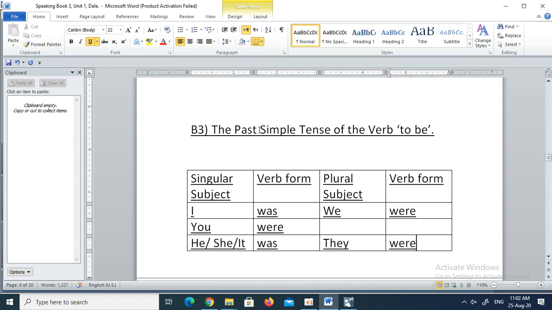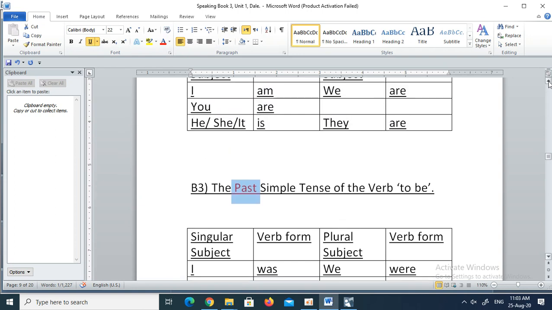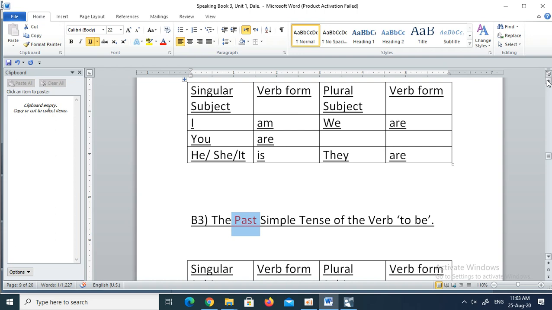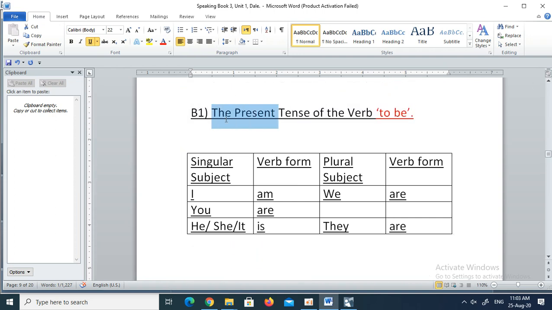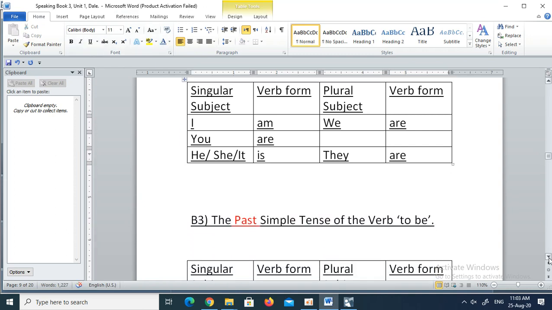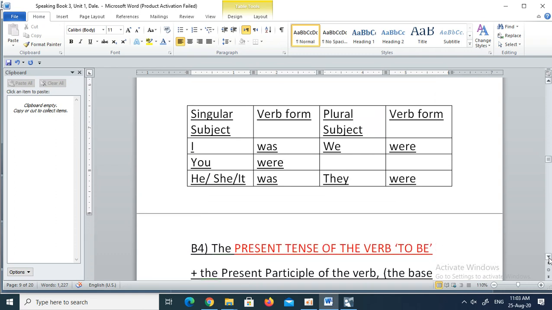So in the past simple tense, it is was, were, and was. Okay. They have changed from these forms of the present tense. Very simple. If you're not 100% sure, or you weren't 100% sure, there they are in table form.